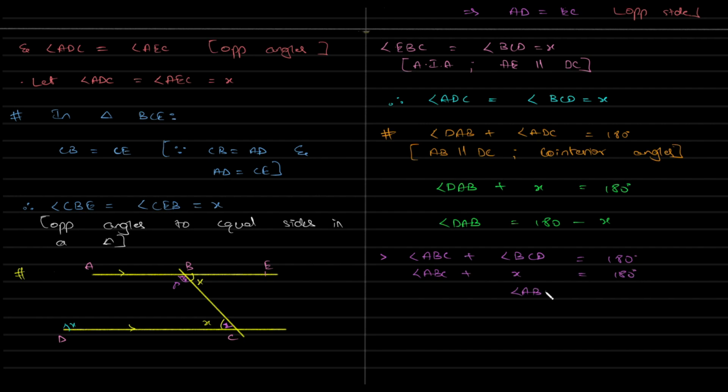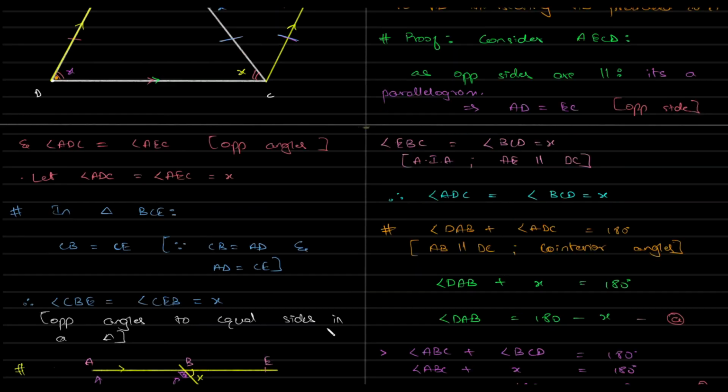Therefore, angle ABC is equal to 180 degrees minus x, right? This is 180 minus x. This is 180 minus x. So from these two expressions, I'll call them A and B. So from A and B, we have angle ABC is equal to angle DAB, right?